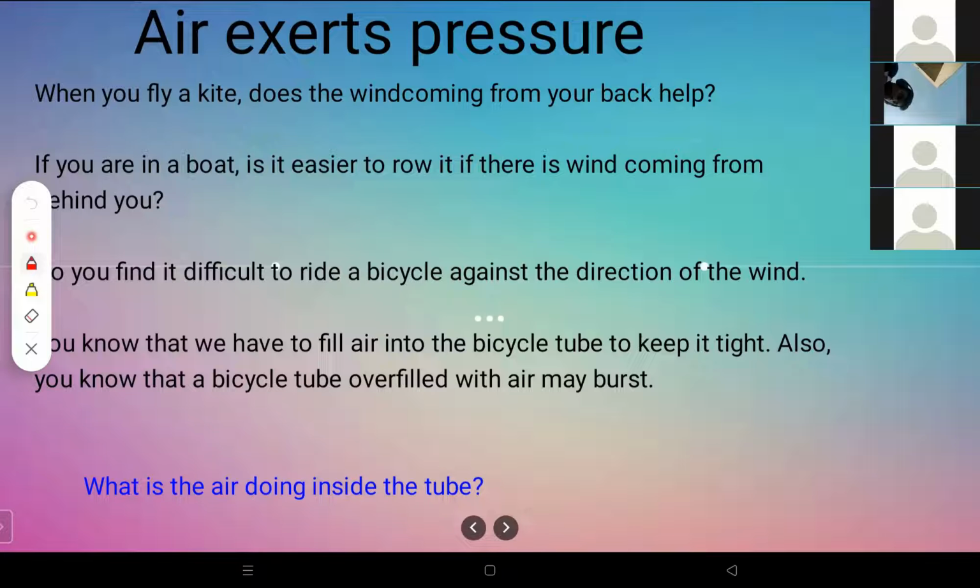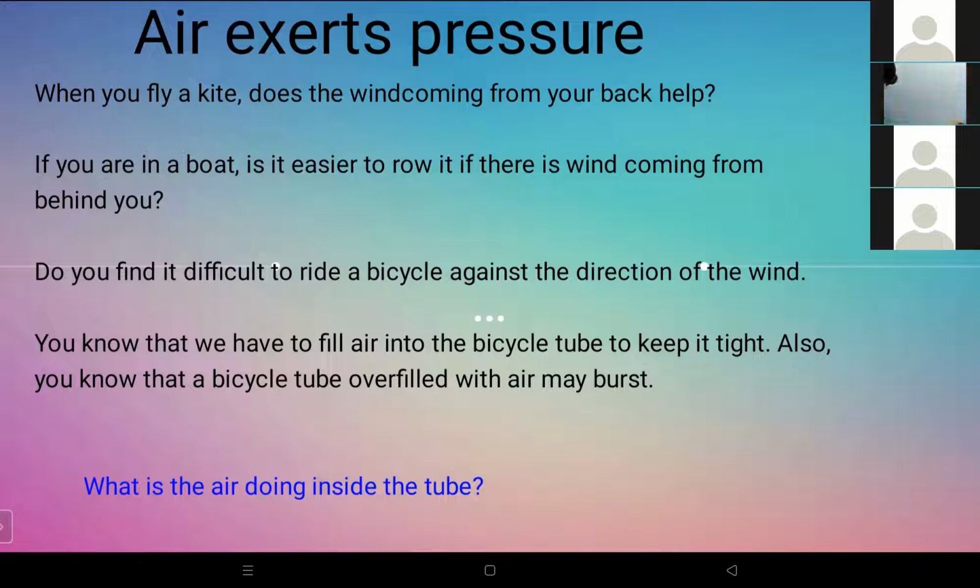If you are in a boat, is it easier to row if there is wind coming from behind you? Yes, ma'am, because it'll push the boat forward and help. Exactly. Do you find it difficult to ride a bicycle against the direction of a wind? Yes, against. Yes.